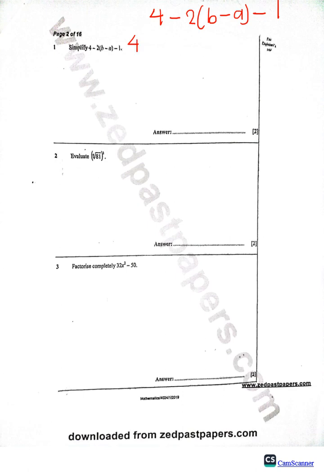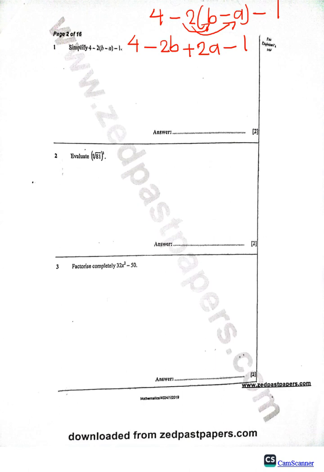Now we are going to expand by multiplying everything in the brackets times -2. So -2 times positive b, it's -2b. Then -2 times -a is positive 2a minus 1.